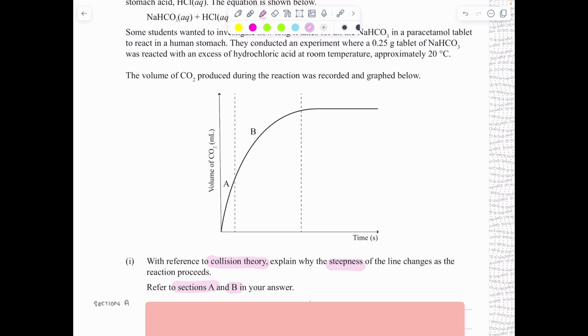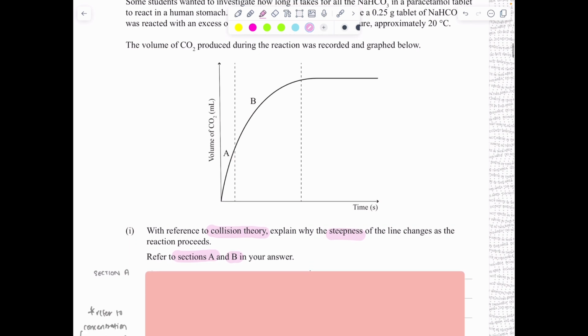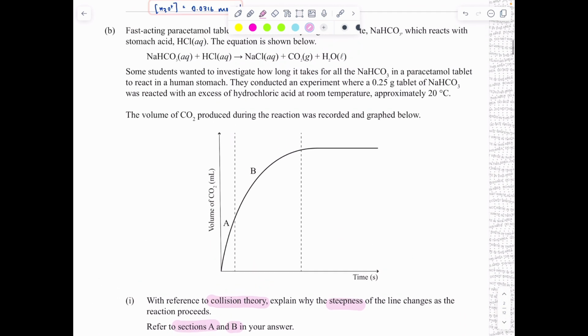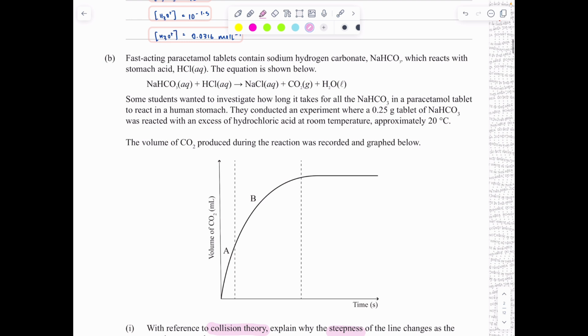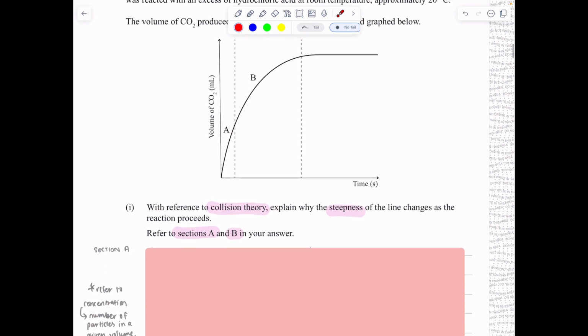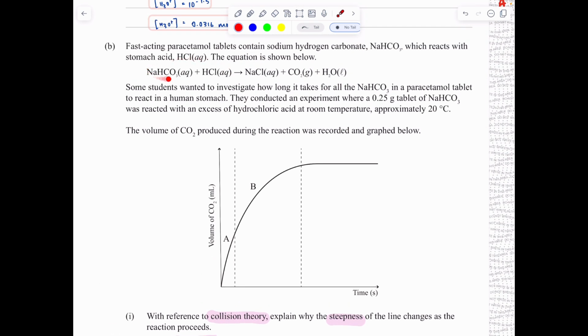Okay, so let me just go through this question and explain what's going on here. So what do we notice? At the start of the reaction, over here in section A, we can see that the steepness of the curve is quite steep in relation to section B. So why is that the case? Well, in section A, you should understand that there is going to be a higher concentration of reactant particles at the start of the reaction.